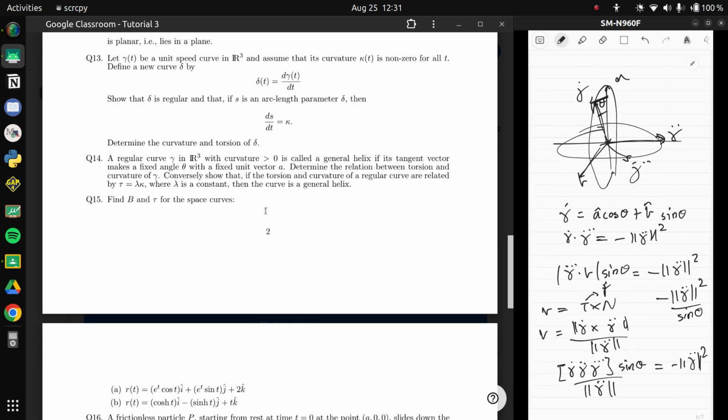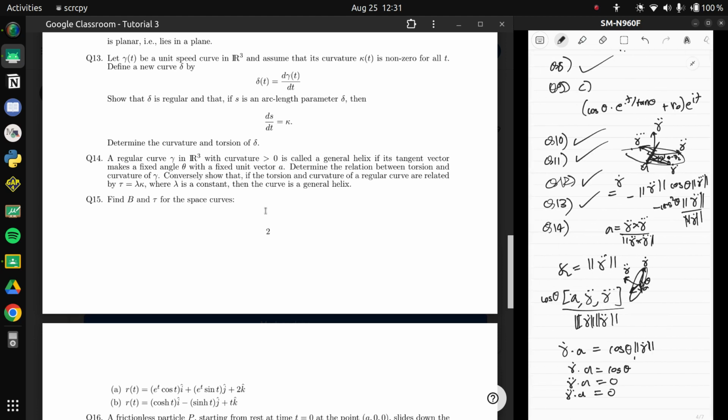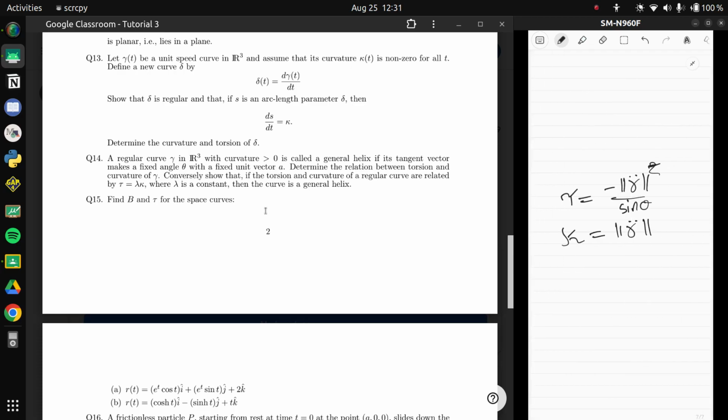Am I missing something? Oh, sorry. It's supposed to be squared actually. It's this thing squared. You actually have to multiply this by the square again, so this just becomes one single one.